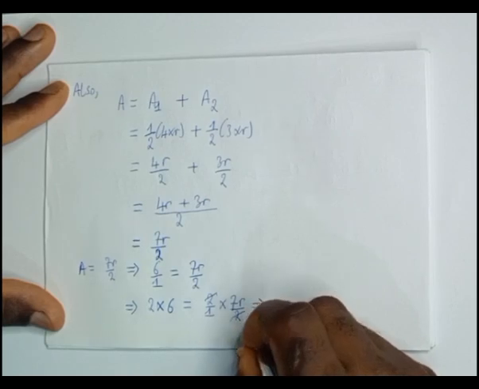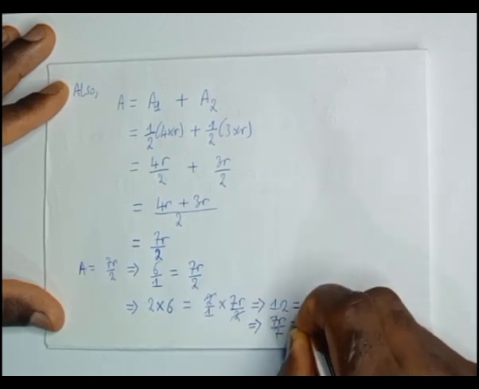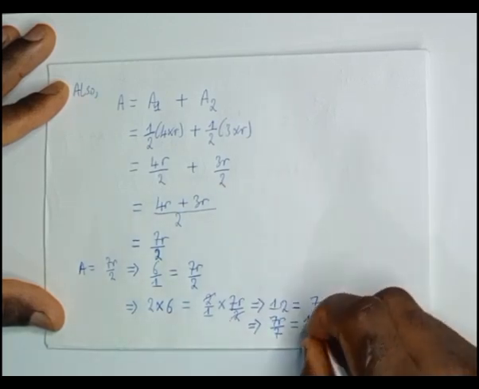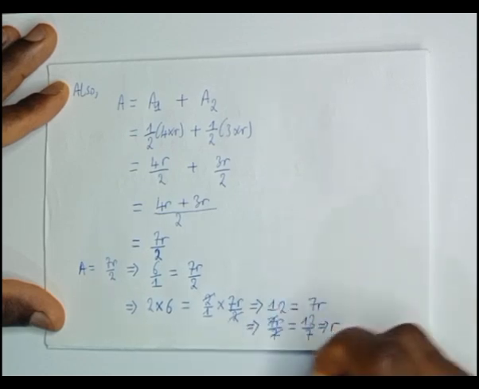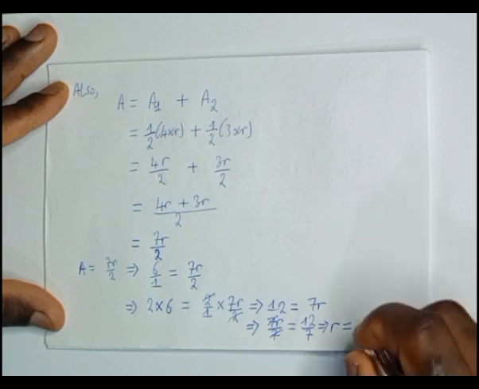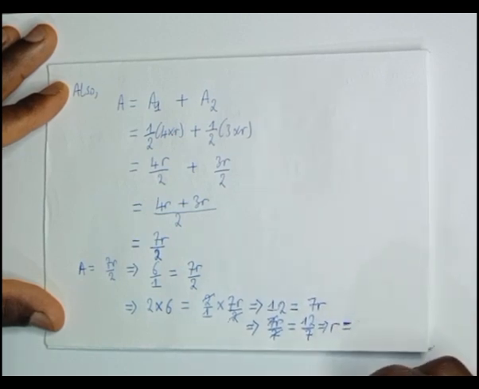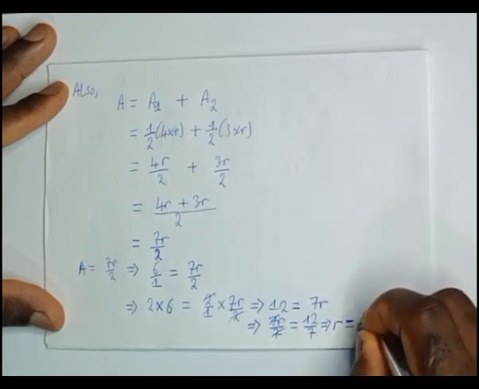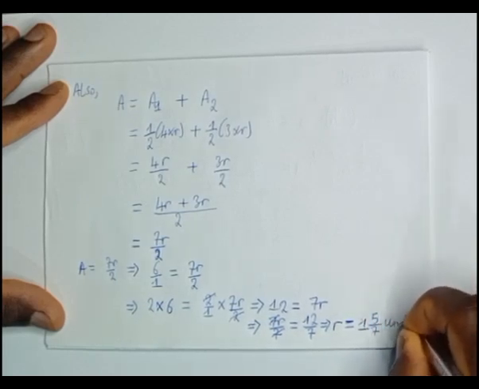This will imply 7r divided by 7 is equal to 12 divided by 7. And this will imply r, we strike off 7, will be equal to 12 over 7, which as a mixed fraction gives us 1 and 5 all over 7 units.